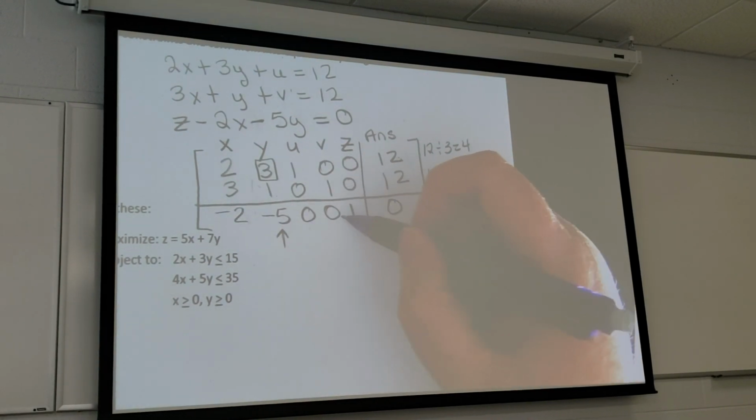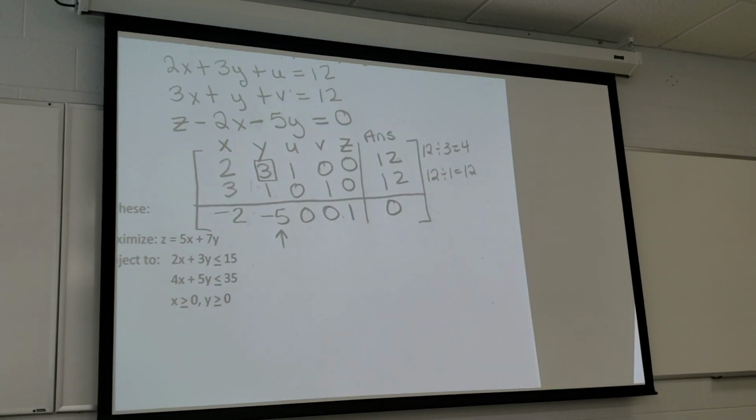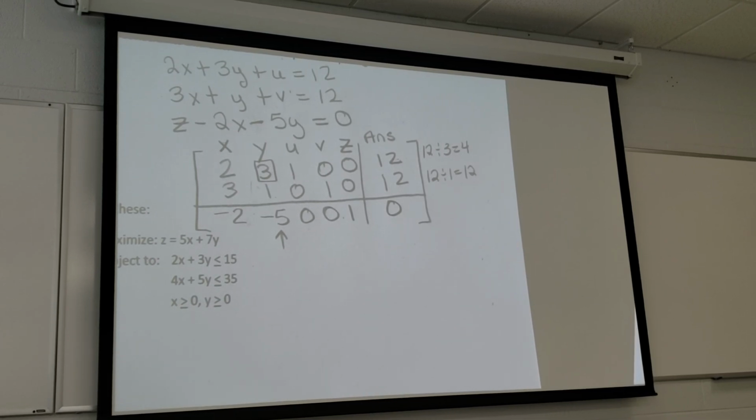You never make this a pivot element. So 3 is the pivot element. Right. But you gotta put a box around it. Okay, that's just the requirement.